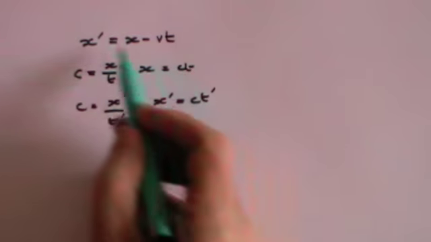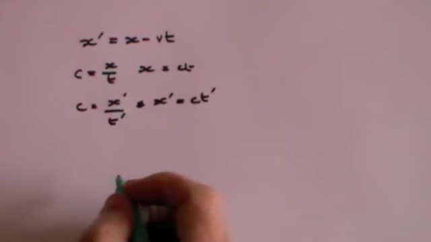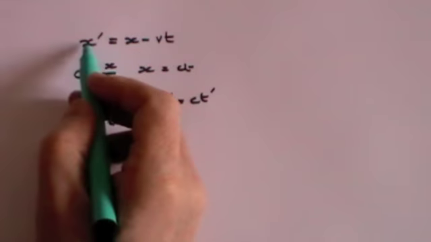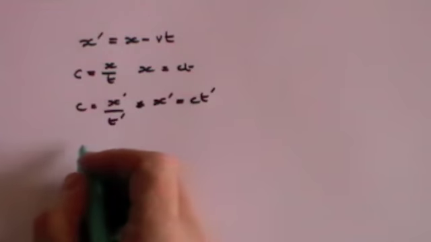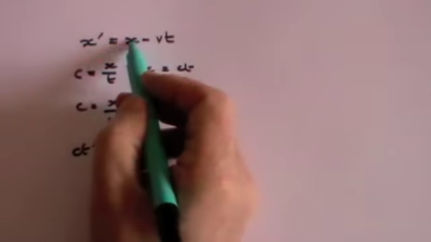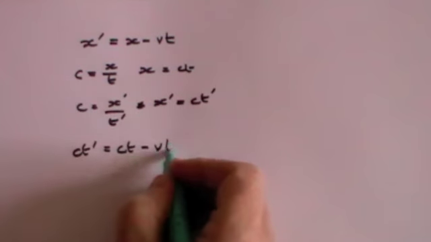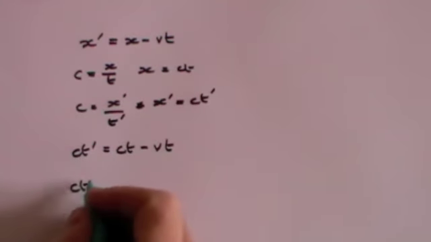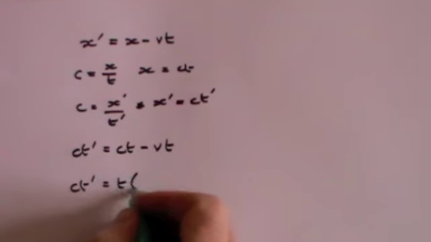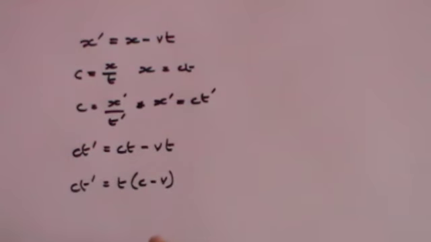So let's feed these into this formula here. X prime is ct prime, so up here, x prime is ct prime equals x, well that's ct, minus vt, which means that ct prime is equal to t into c minus v.